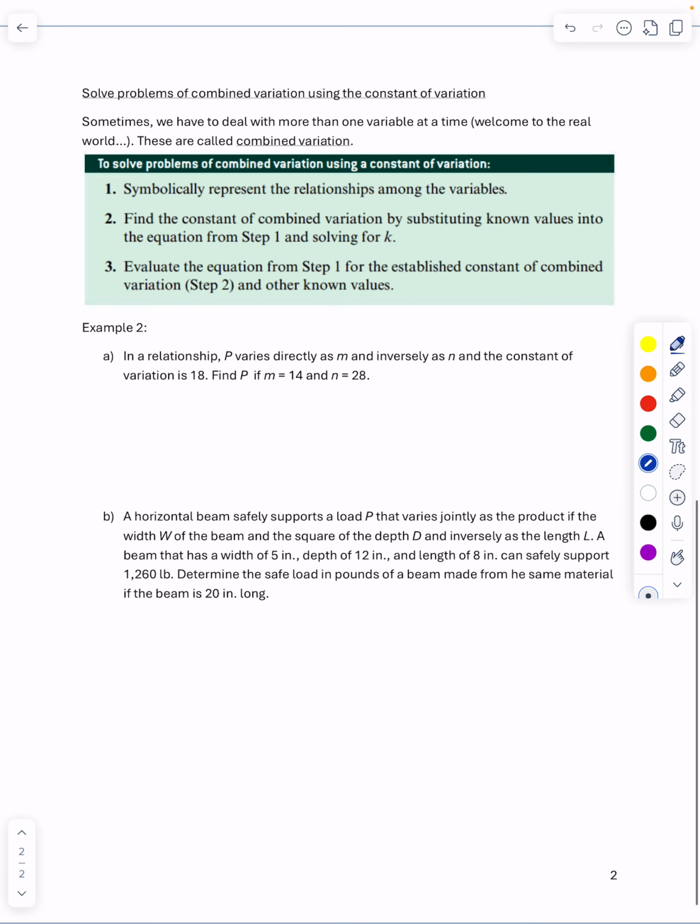Combined variation means that we are going to have some direct variation. Keep in mind with the direct variation, we multiply the constant of variation, and we're going to have some inverse variation. Let's look at it this way.